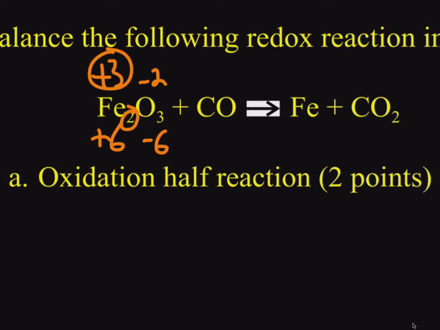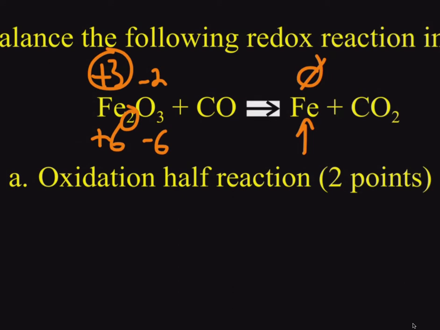On the other side, we have iron as an element, which has an oxidation number of 0. So the oxidation number of iron has gone from +3 to 0, so it's gone down, which means the iron is the one that's being reduced.